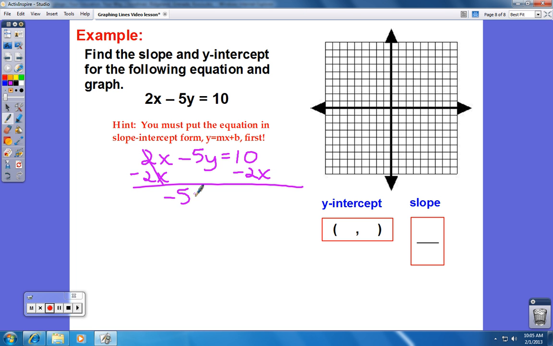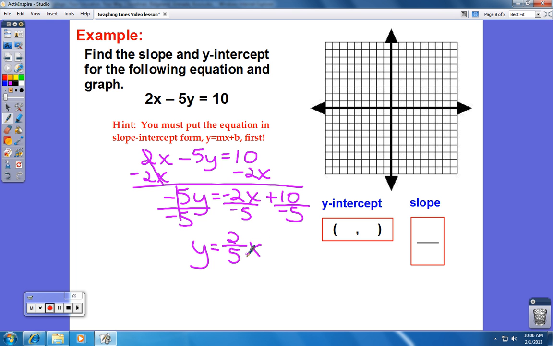That's going to give us -5y equal to -2x plus 10. We'll divide by -5 for each of the terms. That's going to give us y equals, 2 negatives is positive, 2 over 5x, and then 10 divided by -5 is -2.